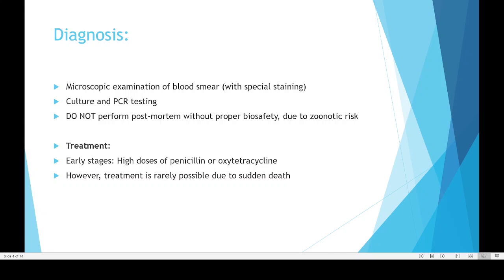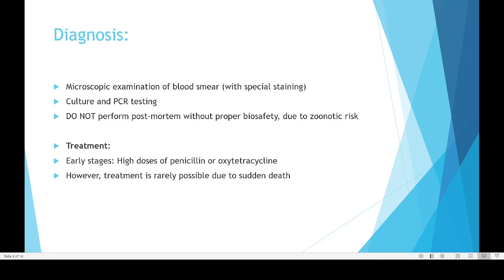Zoonotic risk means spreading of disease from cow to human being. So anthrax can create problems both for cattle as well as human beings. For example, if veterinary surgeons are doing a post-mortem of the cow to find out the reason, they have to take proper safety measures.